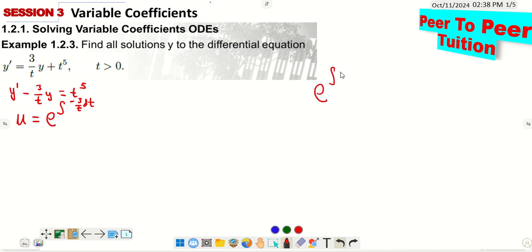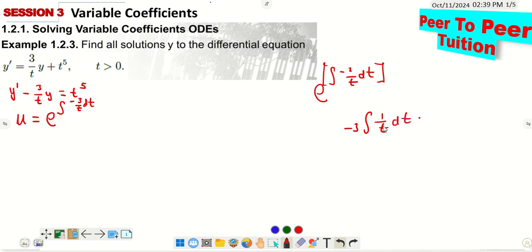The integral of negative 3 over t dt. Let us focus on this one. Remember that negative 3 can be written as negative 3 times the integral of 1 over t dt.